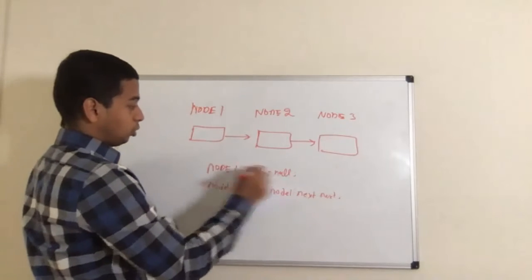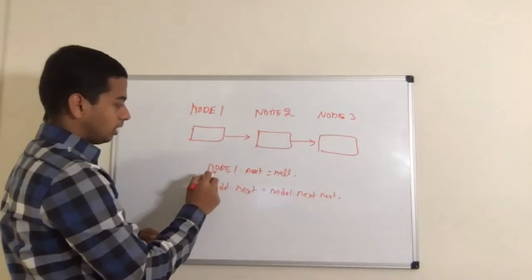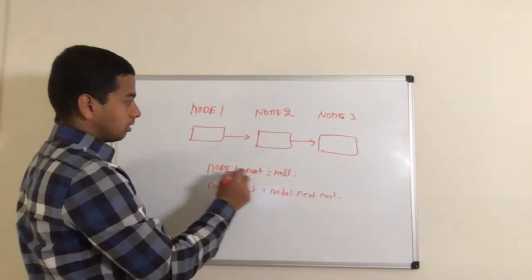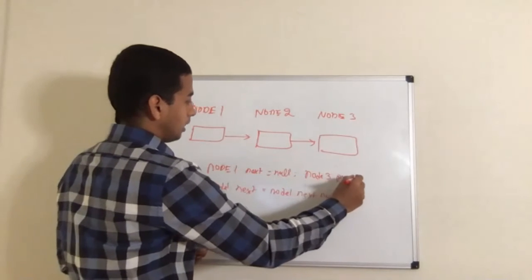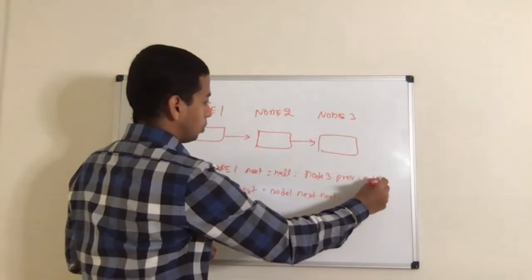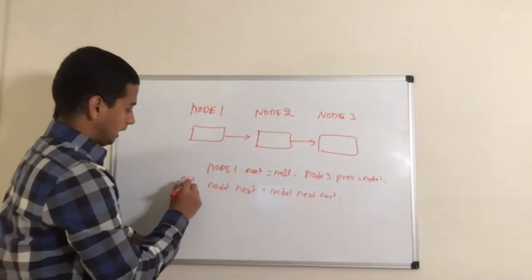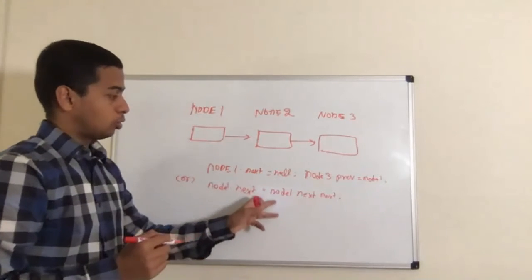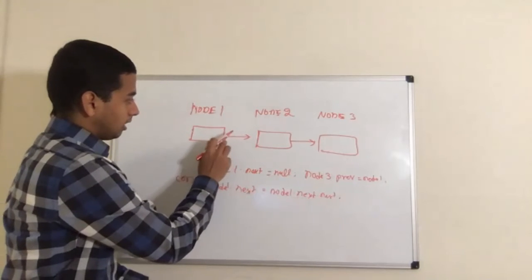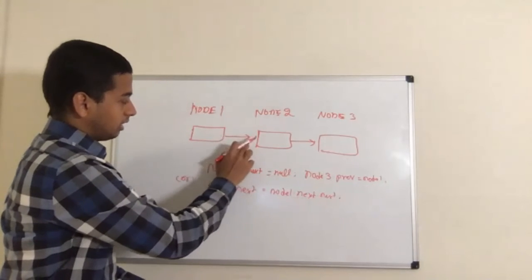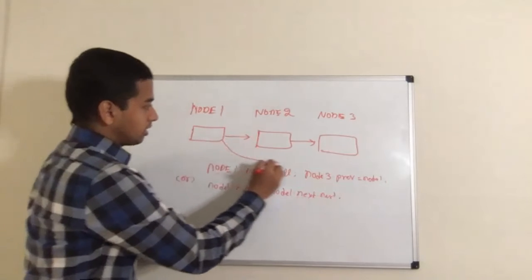If I do this, what should I do? If I make node 1 dot next, I should make node 3 dot prev equal to node 1. I should do this. Or I can simply make node 1 dot next equal to node 1 dot next dot next. What did I do? I just took this link, next is this link, and I attached it to this link.